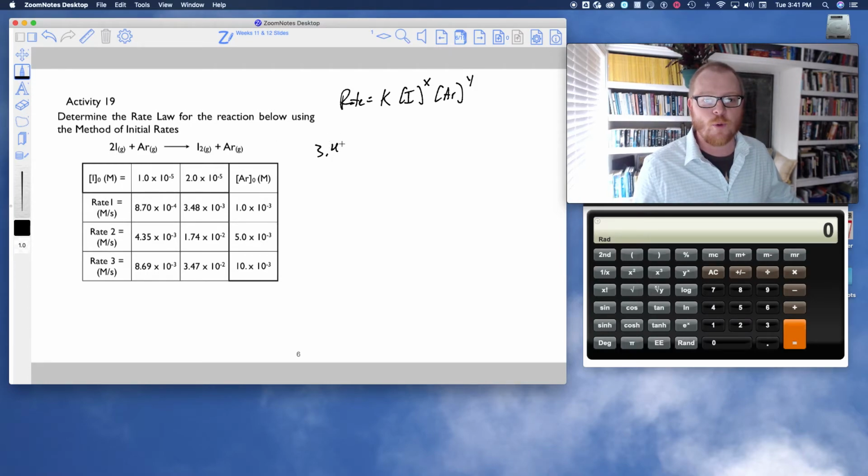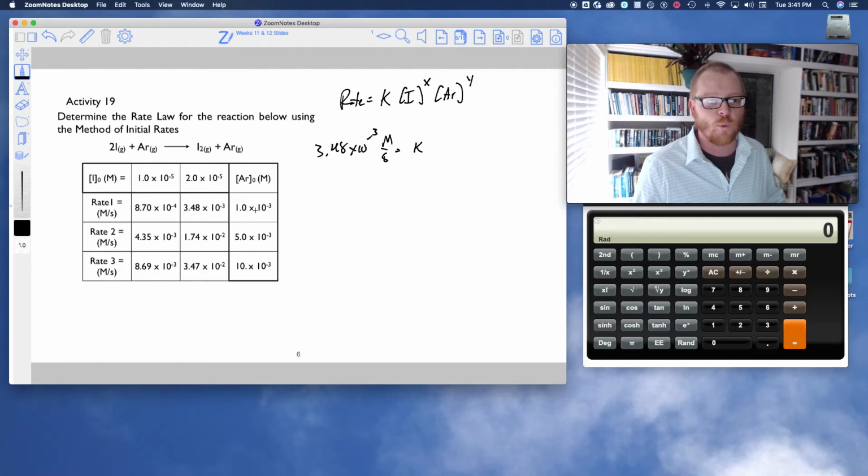I'm going to say that's 3.48 times 10 to the minus 3, and that was molarity per second, okay? And so I recognize all of that equals k times the concentration of iodine times the concentration of argon, okay? So now for this reaction, the way I set up this table, this rate resulted when we had 2 times 10 to the minus 5th of iodine here, and 1 times 10 to the minus 3rd of argon.